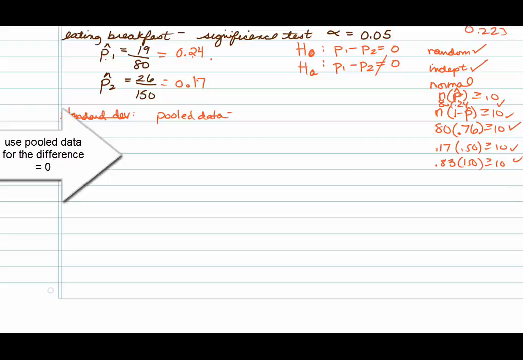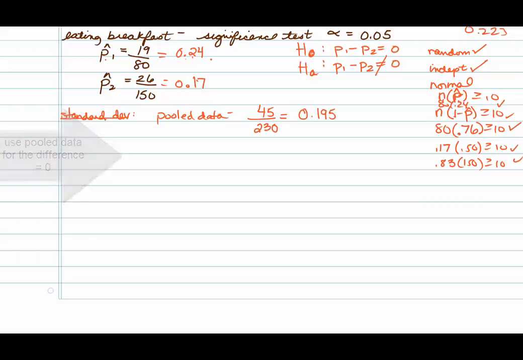Bringing them all together. So how many people were surveyed all together? 230. How many people didn't eat breakfast combined? 45. And what's 45 out of 230 work out to being in the decimal? 0.195. I'm going to stick with 0.195.